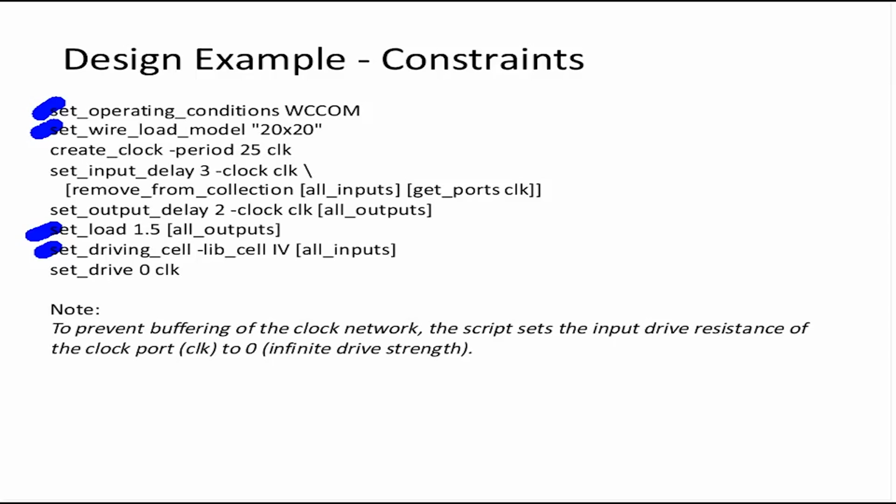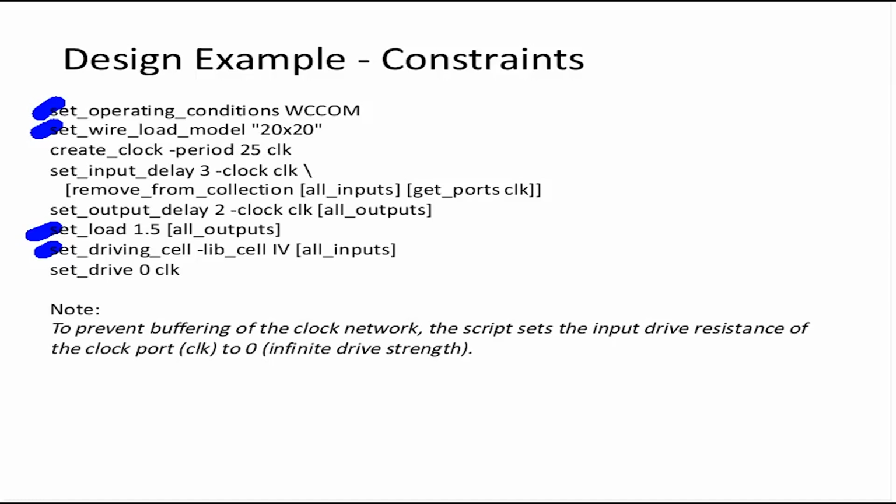Similarly, all outputs will return a collection of all the output ports of the design. The ones marked in blue are the environment conditions. We set the operating condition, wire load, input conditions, that is driving cell, and the output load. The last one is set drive 0.